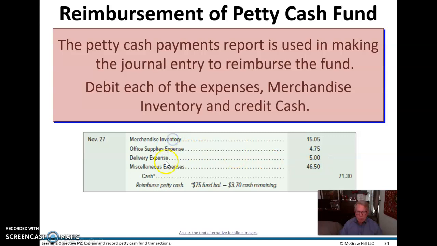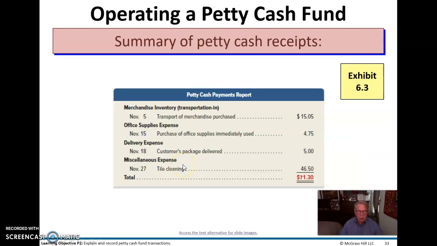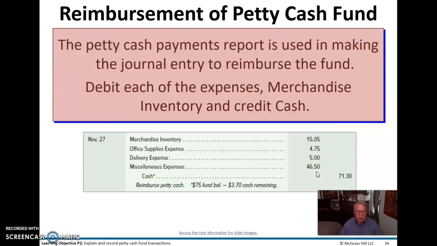We debit all these expenses that we just identified here, and we take that cash out of our regular checking account, not the petty cash fund. So this is going to be a credit to cash, not a credit to petty cash. Okay, and in this case, if we were to audit petty cash before we make this journal entry, we would see we had $3.70 remaining in that fund.